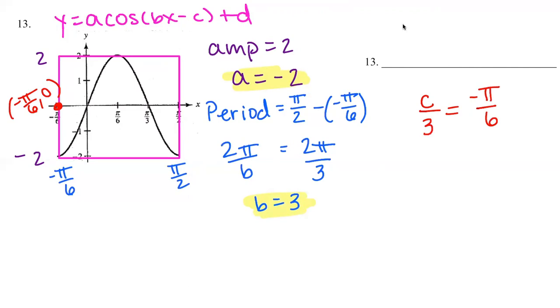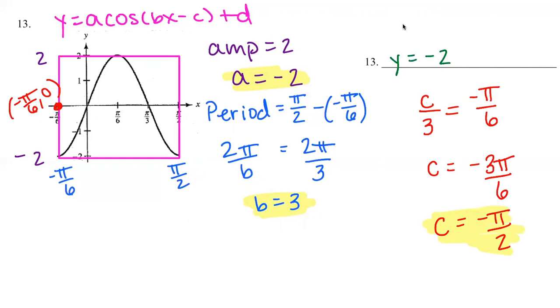If I just multiply that 3 over to the other side, we get our c value to be negative pi over 2. So our curve is y equals negative 2 cosine of bx minus c, and then we don't have a d.